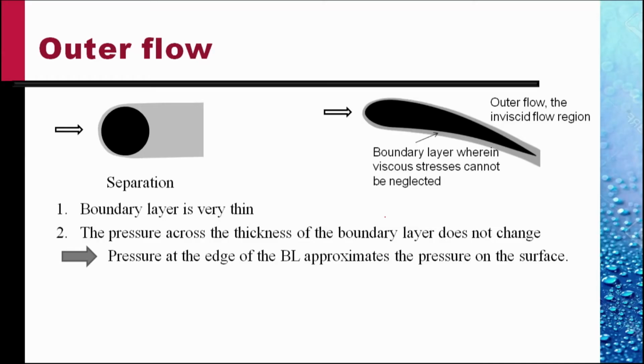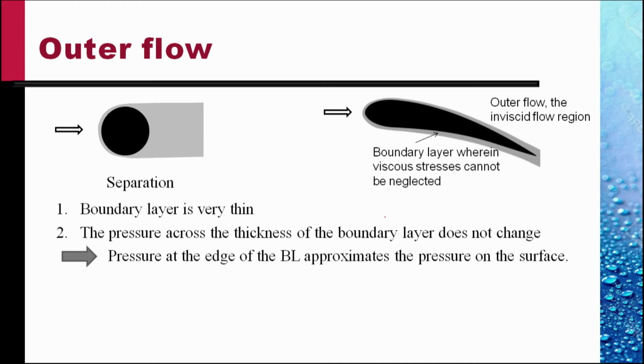There are a couple of reasons why this holds. One is the boundary layer is very thin. Second, as we shall show later, the pressure across the thickness of the boundary layer does not change. That is del P by del N, normal to the surface within the boundary layer, is approximately 0.